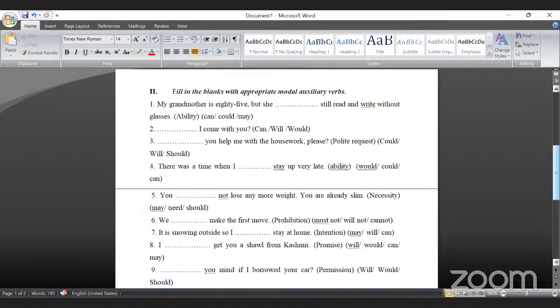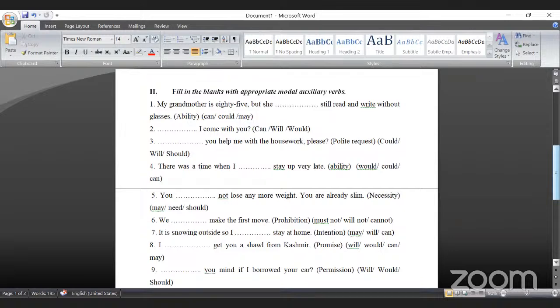When I say there was a time when I would stay up very late, it almost goes into a remoteness factor. Almost a condition that is not true anymore, something that existed in the past, but it's not true anymore. That's the meaning, and here we don't want it. What we require of the sentence is to be used as an ability statement. So could.